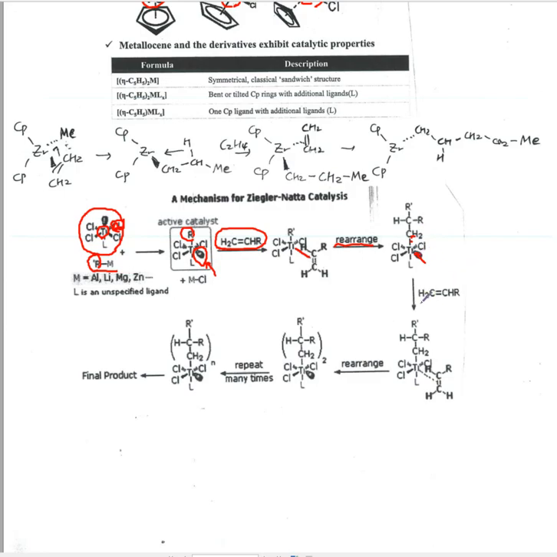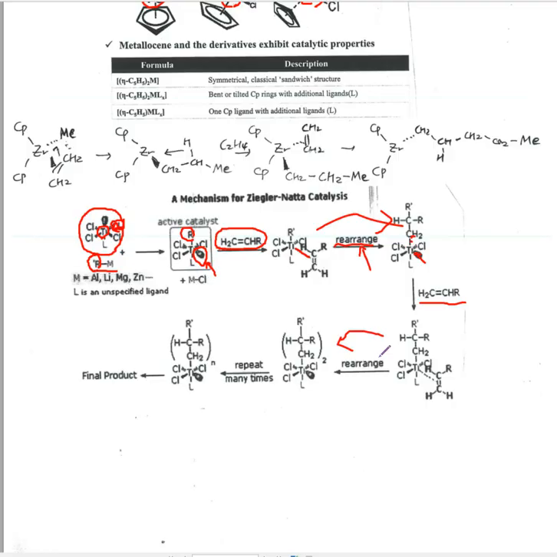Okay, and this empty site is again attached by this alpha olefin monomer in this way, and this monomer is also rearranged in the same way as the previous monomer. Okay, so this kind of rearrangement is occurring in pretty much the same manner, the same 3-dimensional configuration.